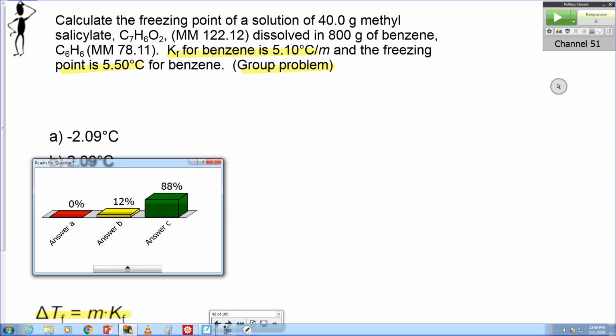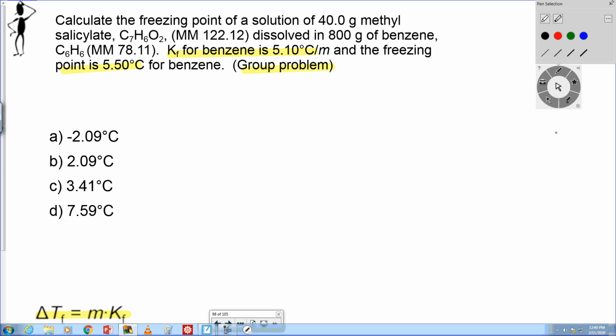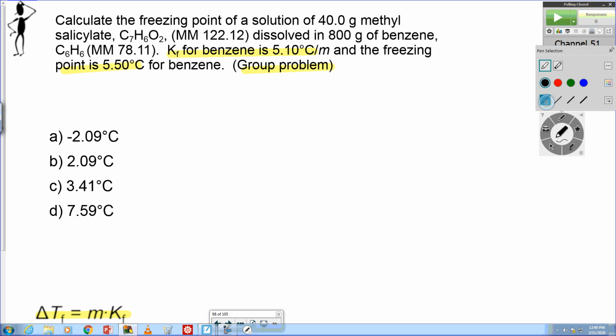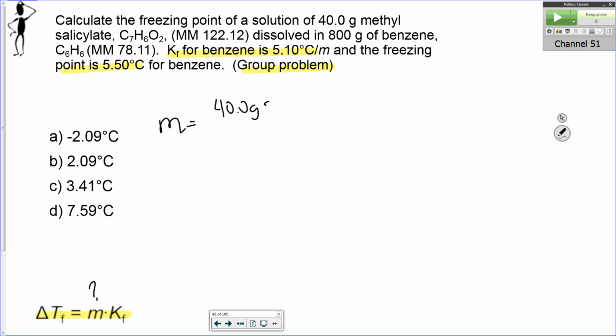Okay, so most of you went with C. Not sure if C's right or not, so I'm going to work it with you. The first thing we need to do is find out what the molality is. So the molality is equal to the 40 grams of the solute.